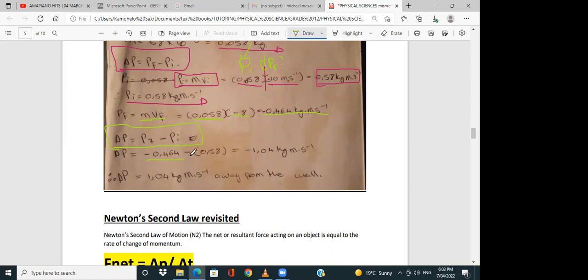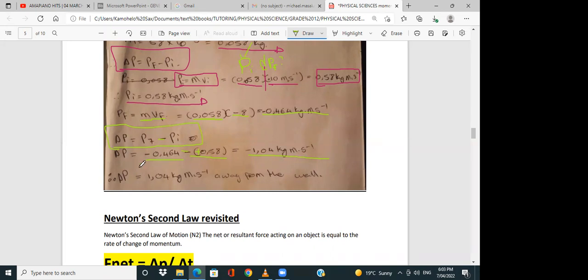And the initial momentum, we found out, was positive 0.58 kilograms meters per second. Then you just punch everything in your calculator, solve it mathematically, and you're going to get your answer as 1.04 kilograms meters per second.